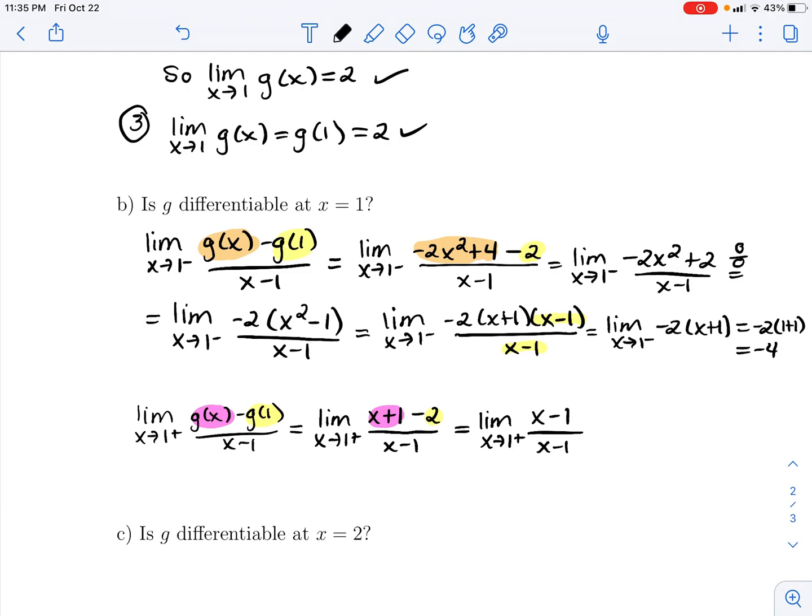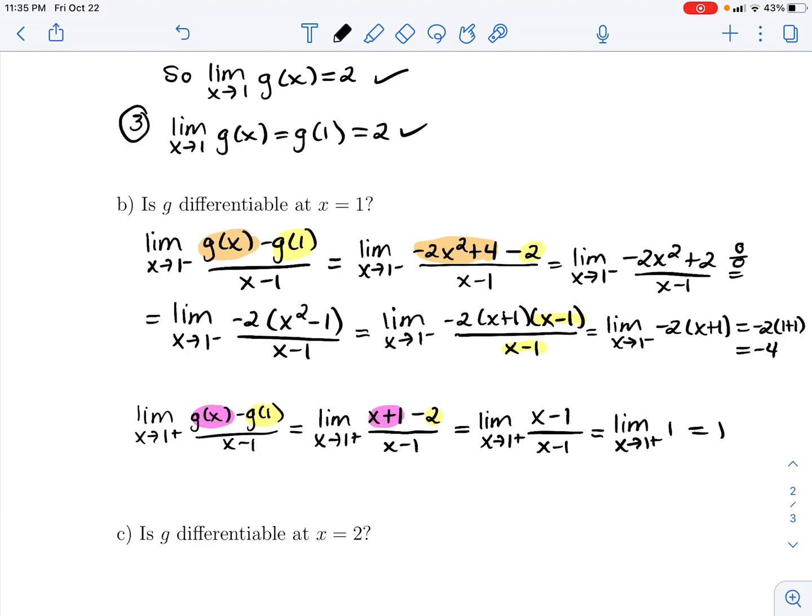You could say that the x minus 1's cancel, or just remember that a quantity divided by the same quantity is just 1. So even though it looks like some crazy stuff divided by some crazy stuff, as long as that crazy stuff's the same in both the numerator and denominator, that is in fact just 1. So this is the limit as x approaches 1 from the right of 1, which is 1.